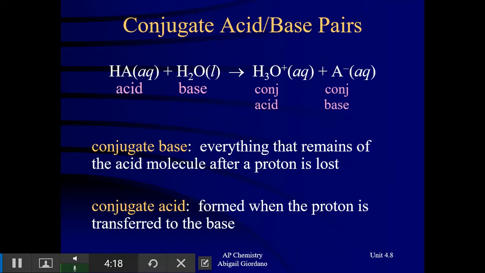How did that happen? It must have given away its hydrogen. That's why it's called a conjugate acid. Because if you look at the reaction in the reverse direction, H3O+ gives away a hydrogen. What does A- do? From right to left, it accepts a hydrogen. So we call it a conjugate base because from right to left, it accepts that proton.